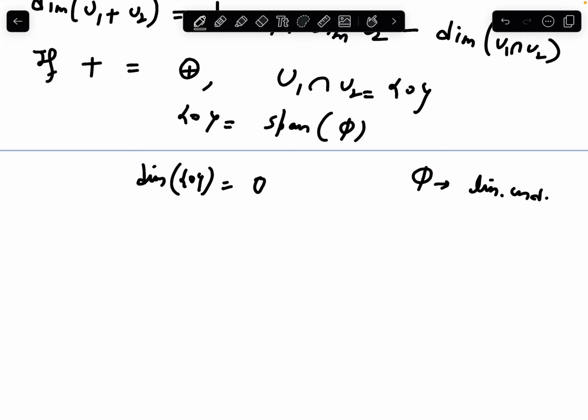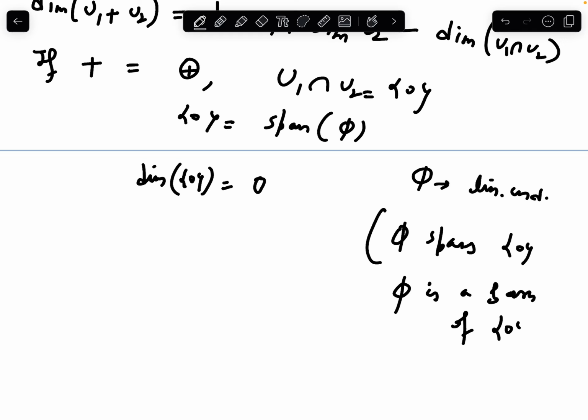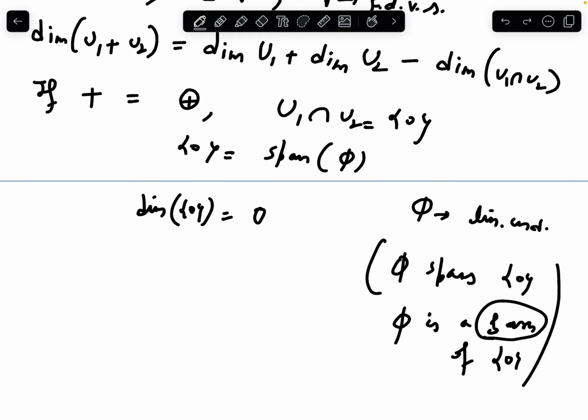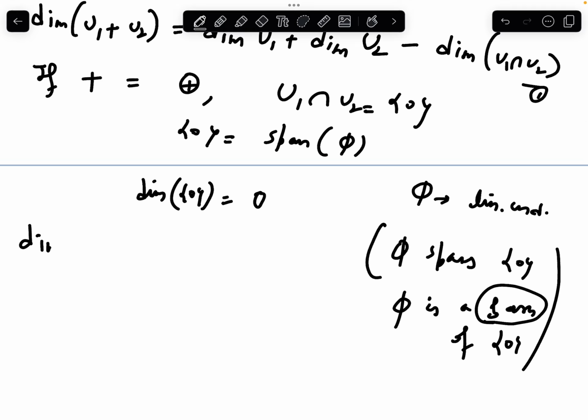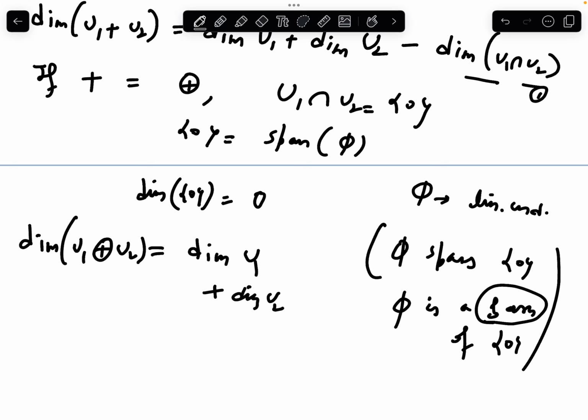That is, we say that empty set spans the zero space, or empty set is a basis of the zero space, a basis with zero elements in it. Therefore, dimension is zero. So in this case, what happens to this formula? Well, this becomes dimension of u1 direct sum u2 equals dimension of u1 plus dimension of u2, and this term is zero. So we get this formula.